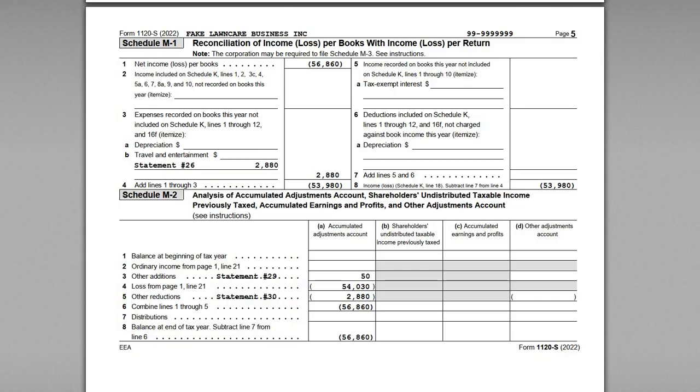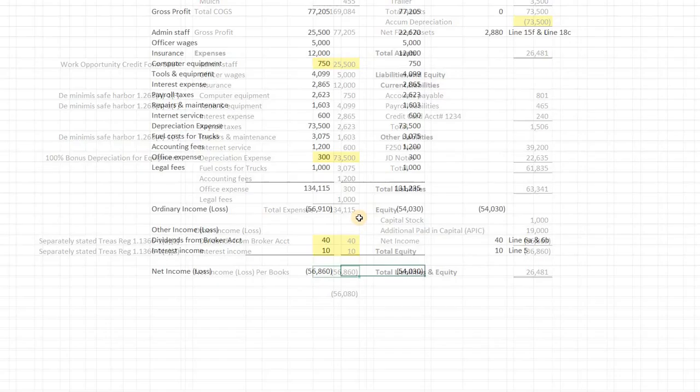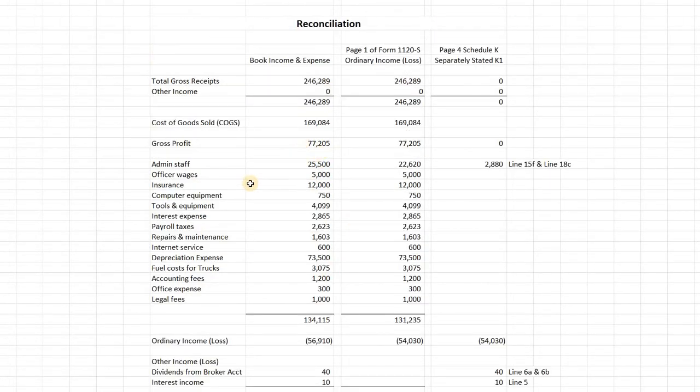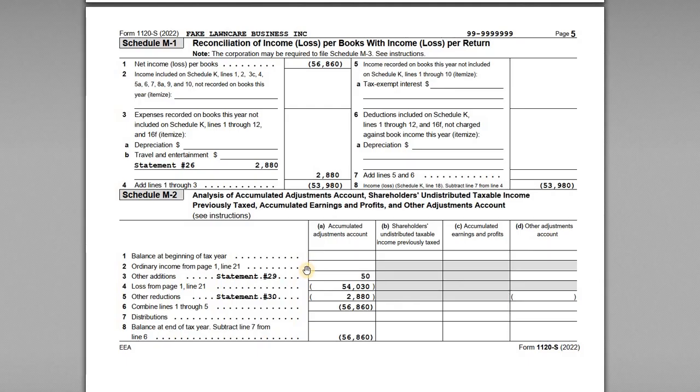If we remember looking back at our book-tax reconciliation, the amount of expense that we had on our books, $25,500, we are only allowed to deduct $22,620 on the return because we are claiming a credit for the work opportunity tax credit. So that's why we see a non-deductible item here for the same amount.